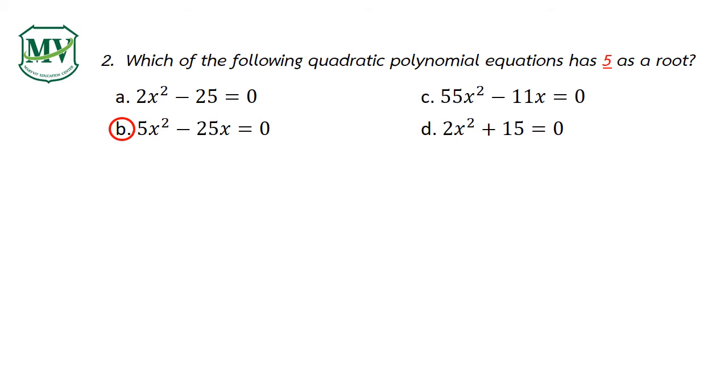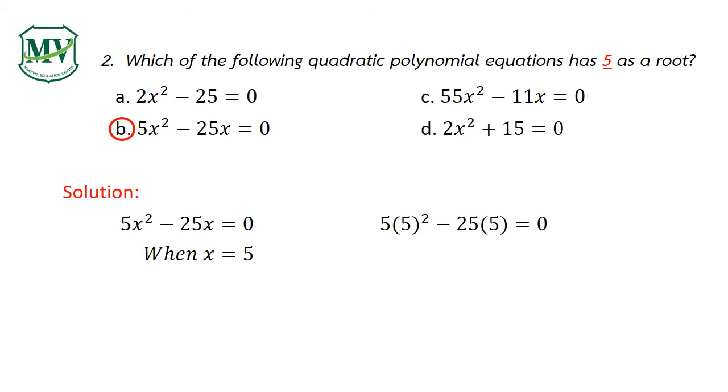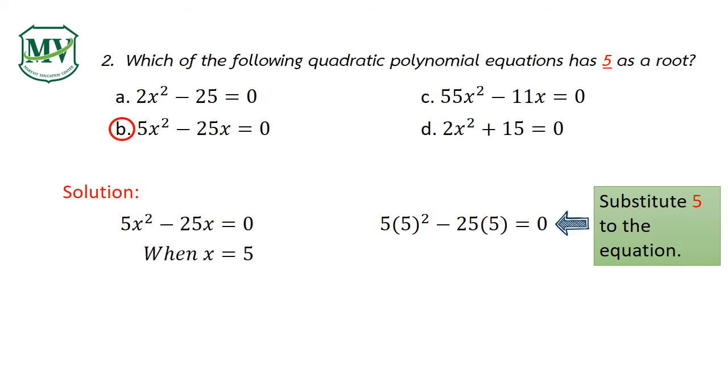5x squared minus 25x is equal to 0. So here is the solution. So the equation is 5x squared minus 25x is equal to 0 when x is equal to 5. So what we are going to do is we substitute 5 to the equation. So it will become 5 times the quantity of 5 squared minus 25 times 5 is equal to 0.